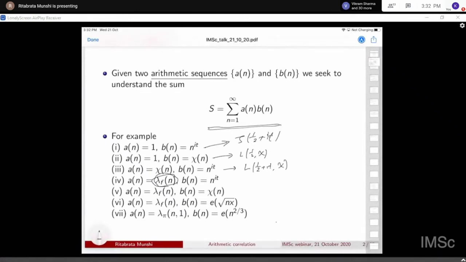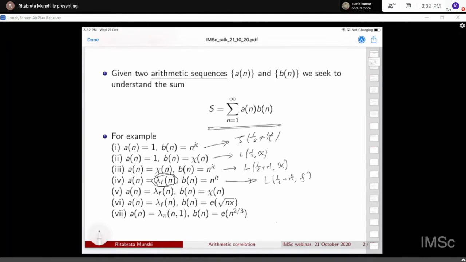So if a_n is lambda_f(n) and b_n is n to the power it, where lambda_f(n) for me are normalized Fourier coefficients, then this type of sums appear if you are interested in the t aspect of convexity, for example, so if you're looking at L(1/2 + it) of the modular form or the Maass form, okay? So you want f to be fixed and t goes to infinity.